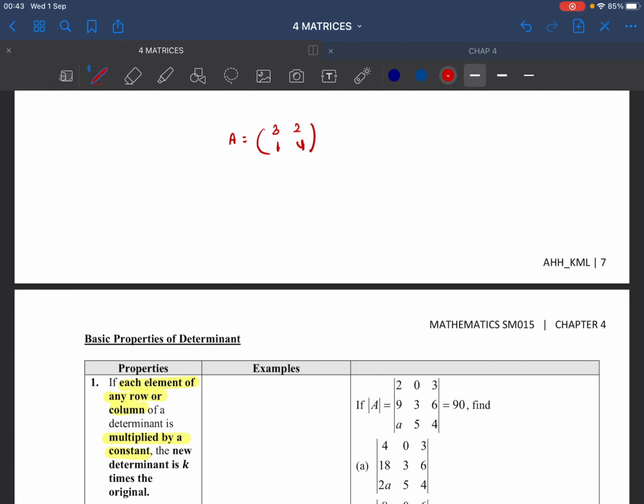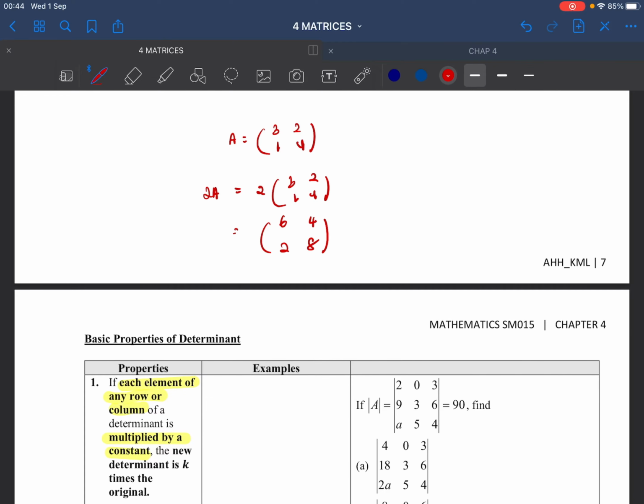Kalau kita multiply by 2, 2A is equals to 2 times 3, 2, 1, 4. Kita akan darabkan dengan every element dekat dalam ni. Betul tak? Kita akan dapat 6, 4, 2, 8. So ini ialah scalar multiplication for matrices.